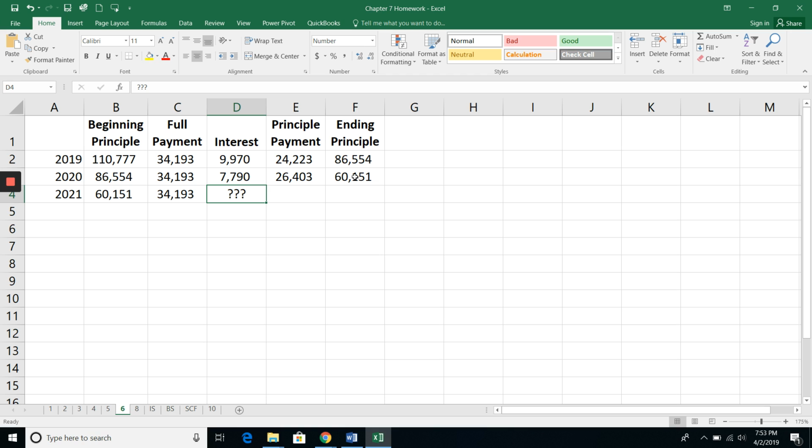Remember in the first video, in one of the previous steps, we calculated that the interest rate was 9%. So if we take 9% of the beginning principal, that's going to tell us that we had $5,414 in interest.